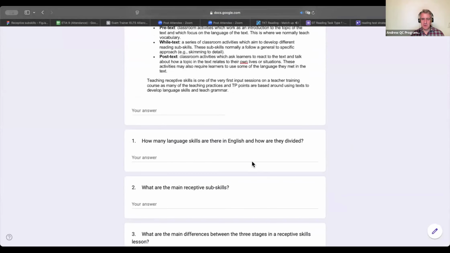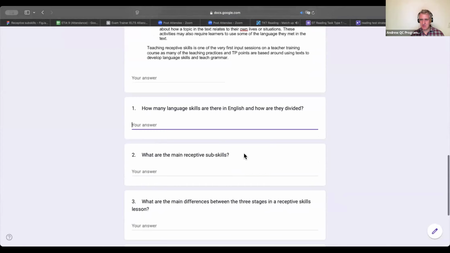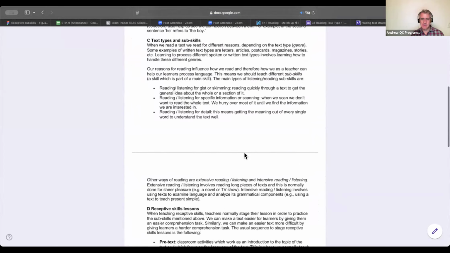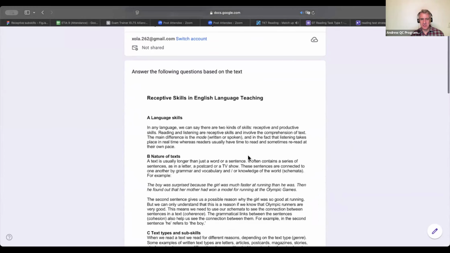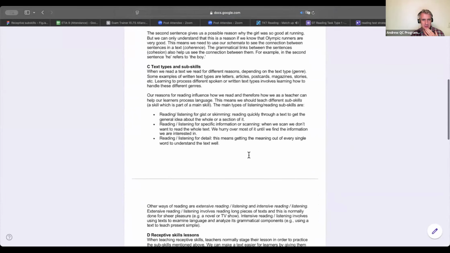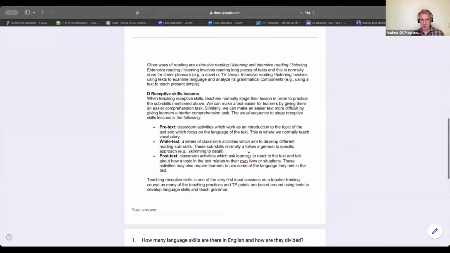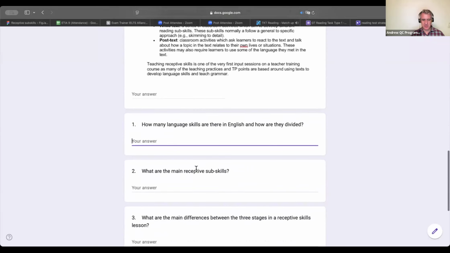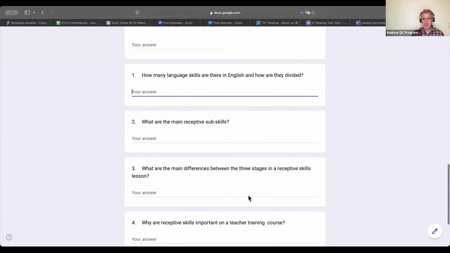But now there are some reading for detail questions. So perhaps you could do this as well, because this is particularly useful for the teaching part. It talks about receptive skills lessons, the pre, while, and post stages. I'll check your answers to that next time.